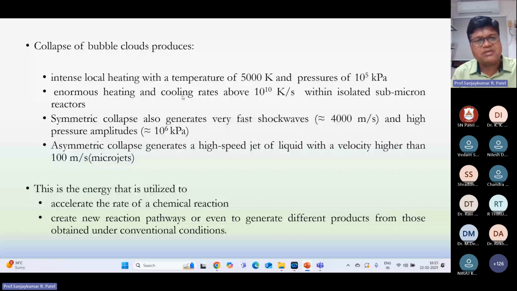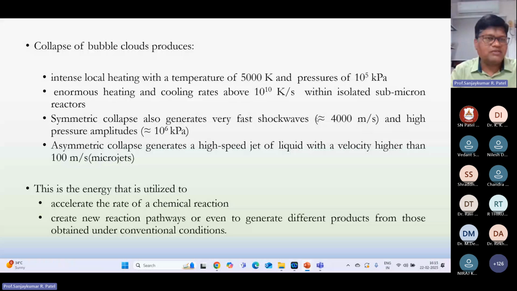When the symmetric collapse occurs, very fast shock waves are generated at around 4,000 meters per second, with high pressure amplitudes of 10^6 kilopascals. And when asymmetric collapse of the bubble occurs, a high speed jet of liquid with a high velocity, more than 100 meters per second, is generated.